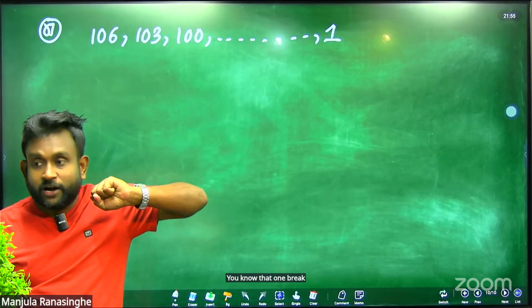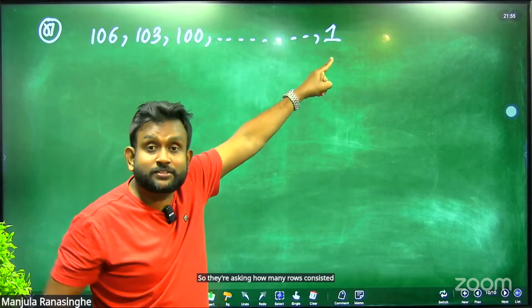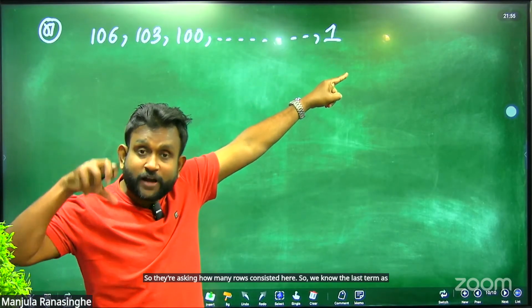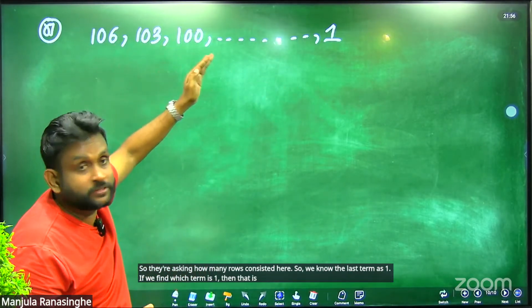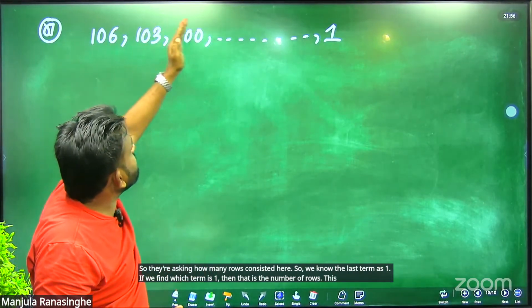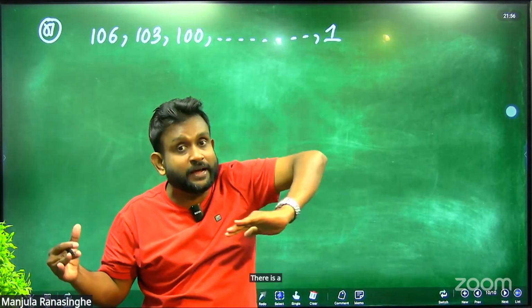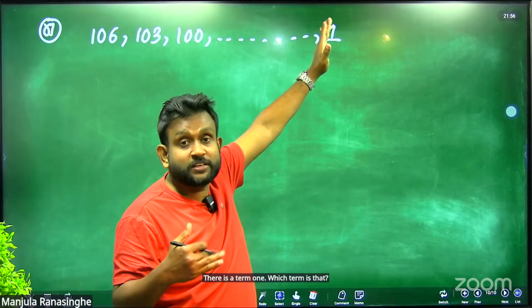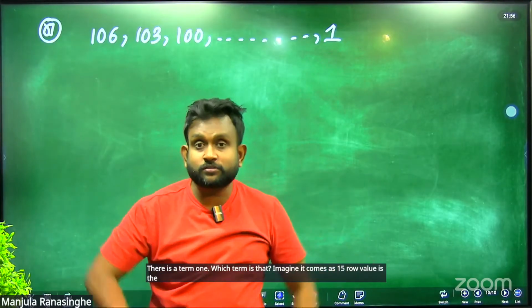So they're asking how many rows are there. We know the last term is 1. If we find which term is 1, then that is the number of rows. This is first term, second term, third term. Likewise, there is a term 1. Imagine the 15th row value is 1, then 15 rows totally.